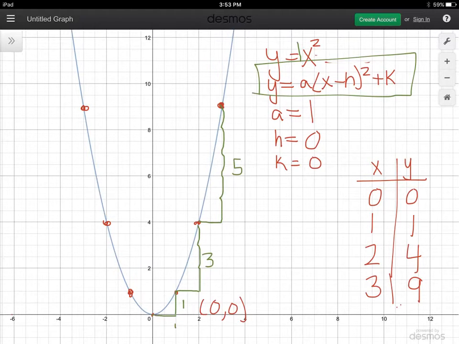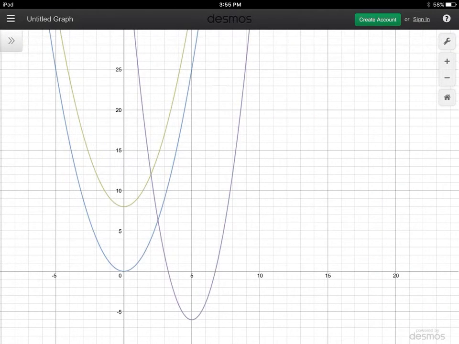So let's look at a few. Let's look at this green one here. Our vertex is 6, 7, 8. So our vertex is over 0, the x-coordinate is 0, up 8. We also know that that's our h and our k. It hasn't changed its shape, so if we check this out with our step pattern, grid lines 1, 2, 3, 4, so every grid here is worth 1.